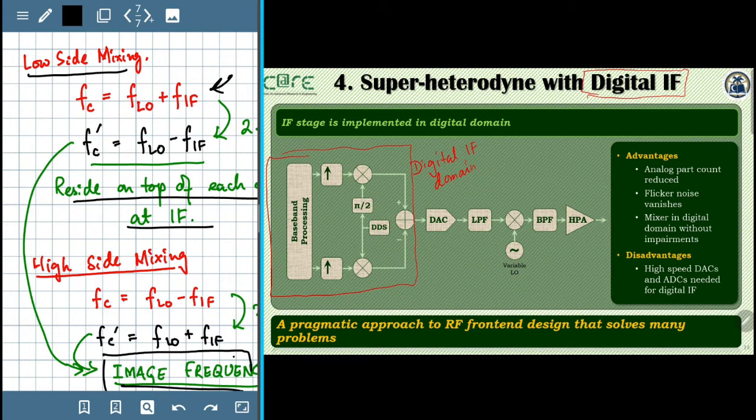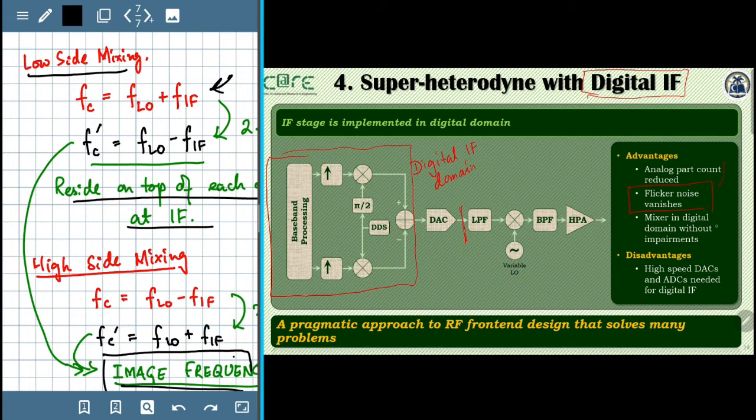The main advantage that it achieves as a result is that flicker noise vanishes, because the signal, once it is converted to the analog domain, has no frequency component near zero or the baseband levels. Furthermore, because more and more components have been implemented in the digital domain, the analog part count is reduced.